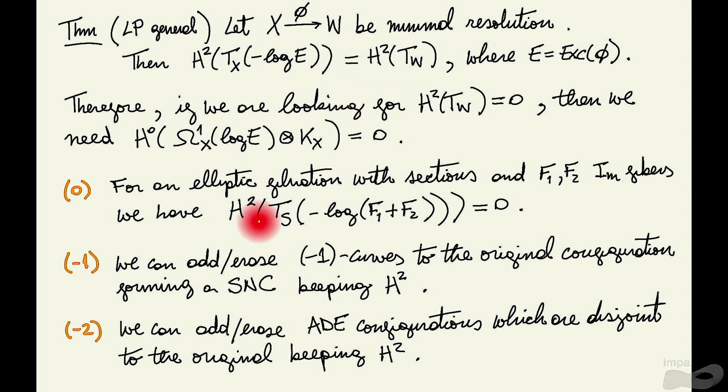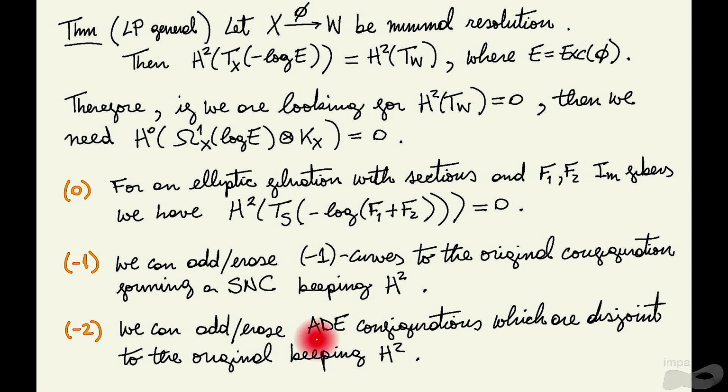But if you add this -1 curve so that the new configuration is simple normal crossings, or if you have a -1 curve and a simple normal crossing and you want to erase it, so if you add or erase, then the H2 will stay the same. So if it was 0, it will be 0. And so that is the adding, erasing principle.